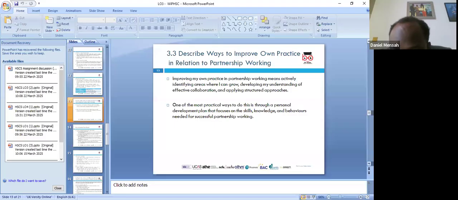One of the most practical ways to do this is through a personal development plan that focuses on the skills, knowledge, and behaviors needed for successful partnership working.